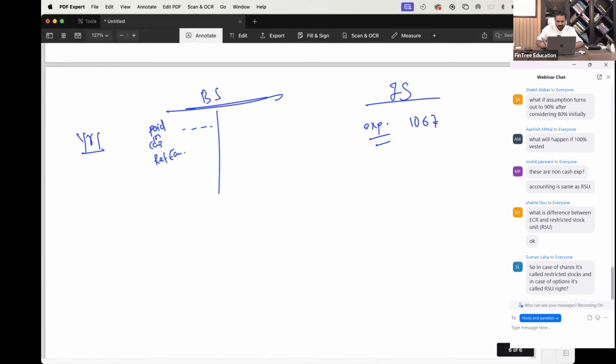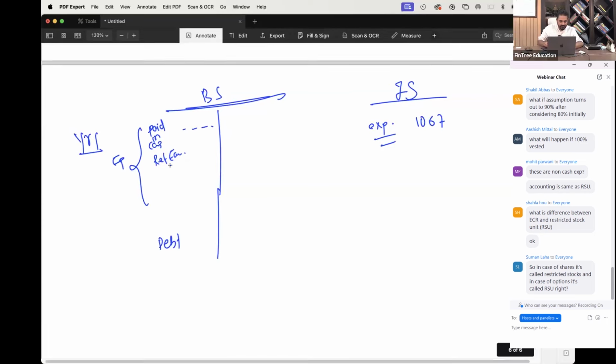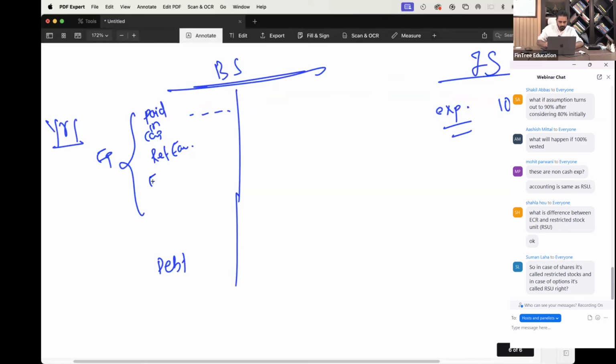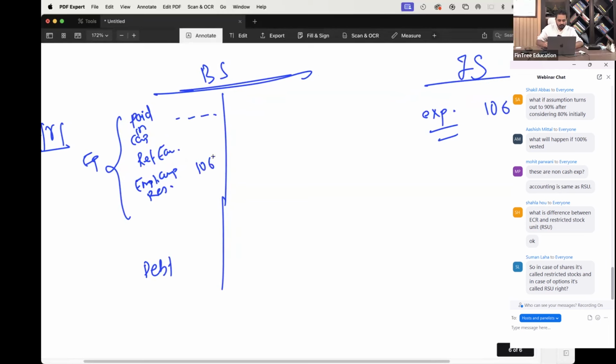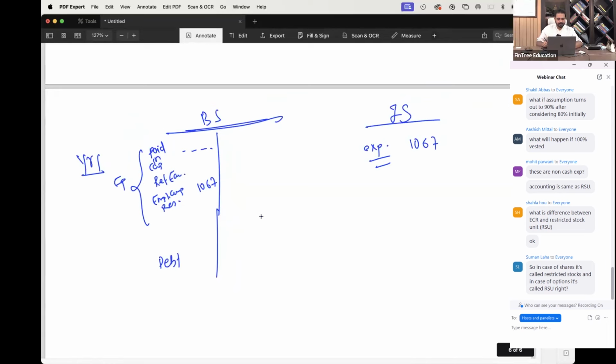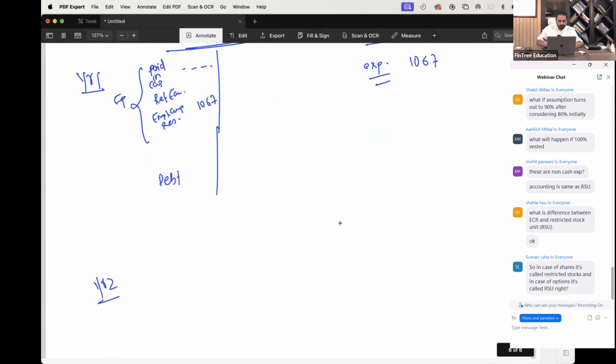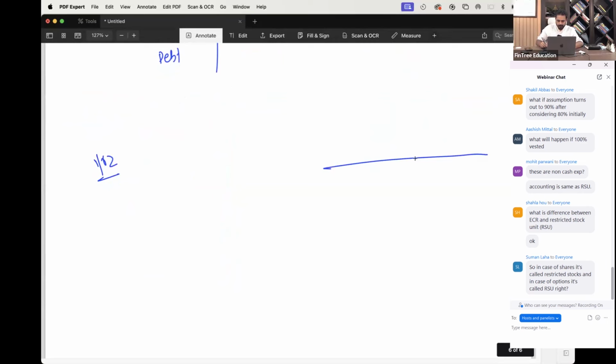But towards this expense, I'm not paying any cash, right? So the second effect of this 1067 is within equity, this is all equity. This is debt here. Within equity, I create a new item called employee compensation reserve. This becomes 1067.